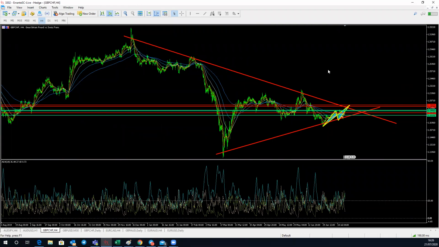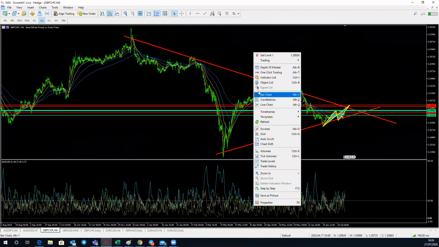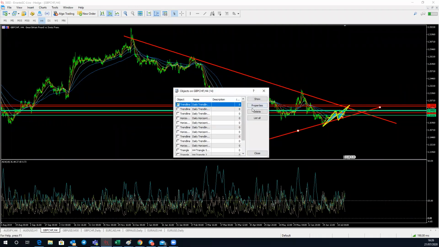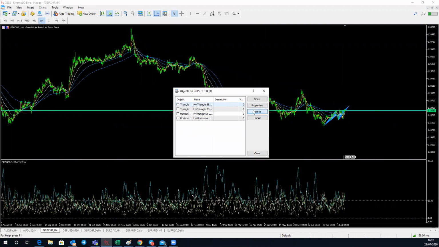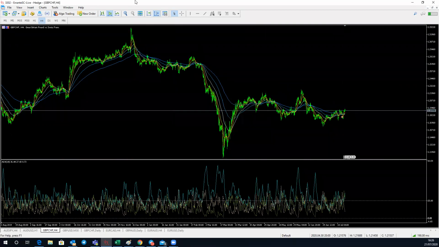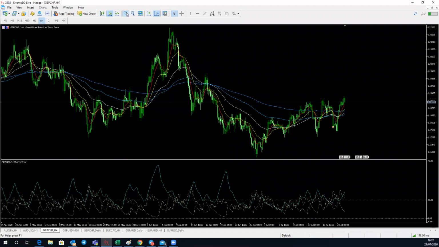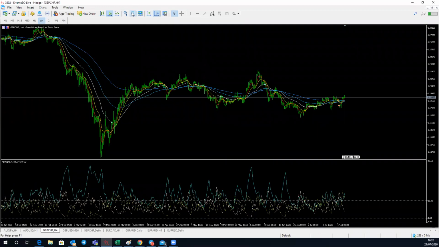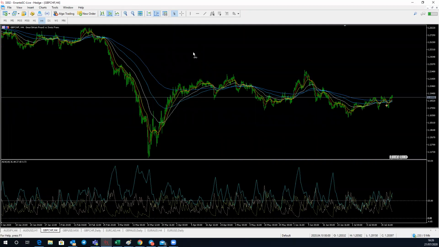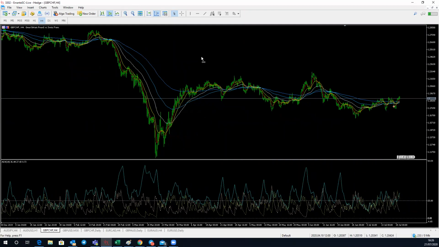Okay, so let me just get rid of all these first. Give me a second. Start from scratch. Okay, GBP CHF. Go on the 4 hour and we can see you've got that.